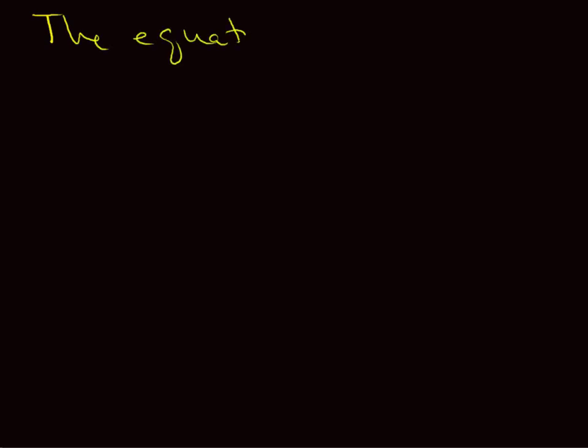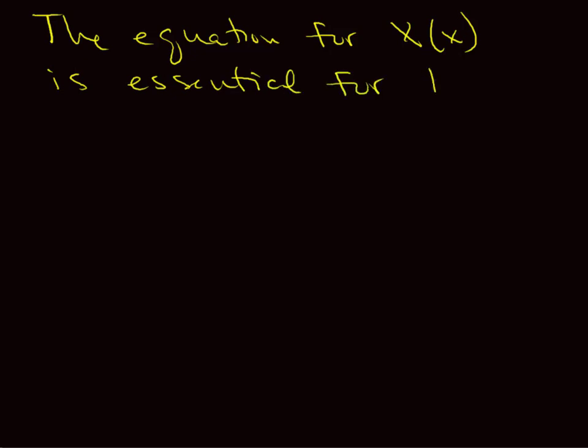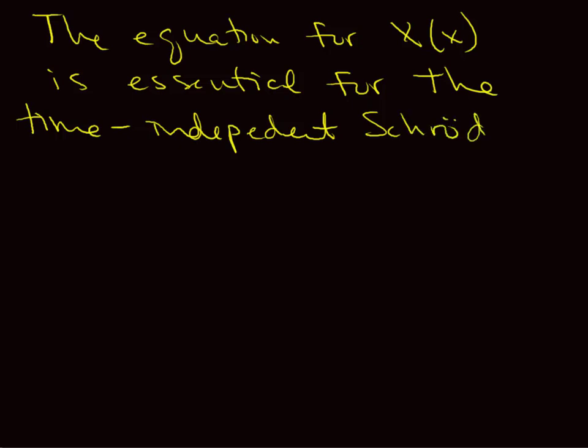So the equation for X of x is essential for the time-independent Schrodinger equation, and we'll focus mostly on the function as a description of its position along the wave. It's going to be important for us because we're not going to worry about where our wave function is in time, more along space within a molecule itself.